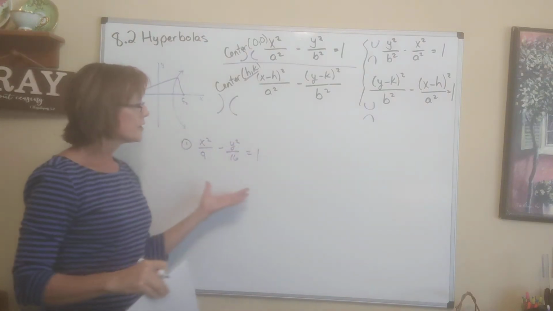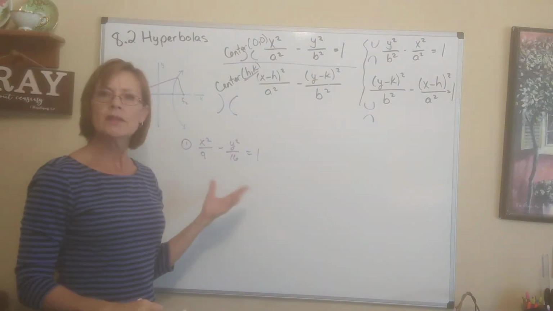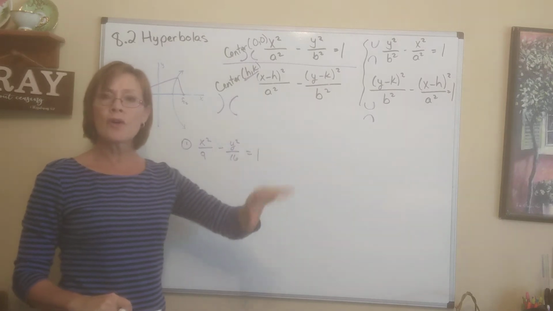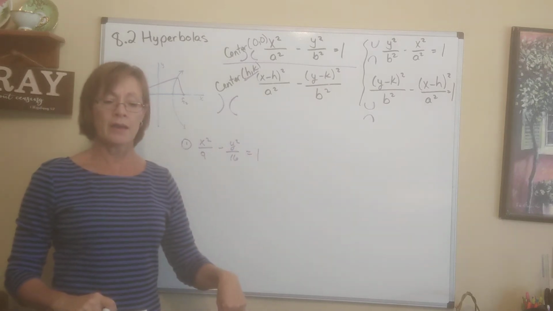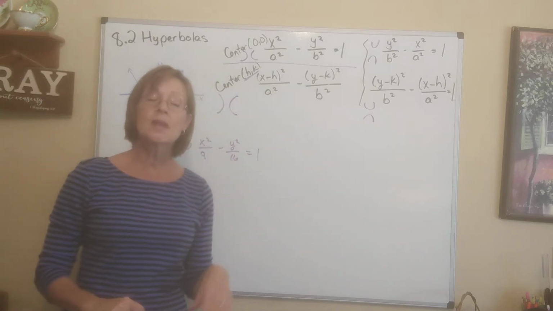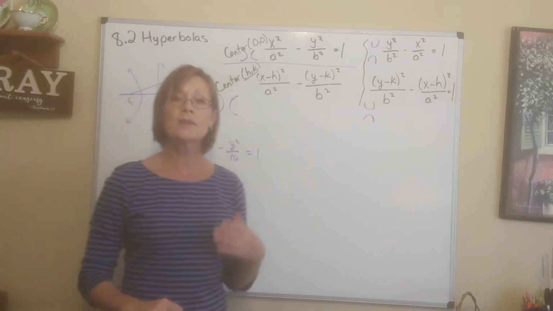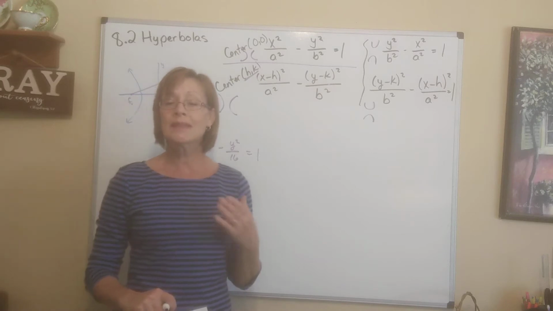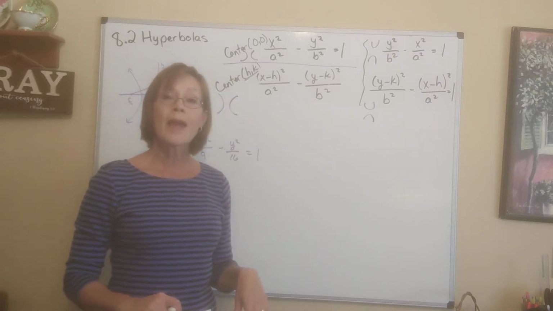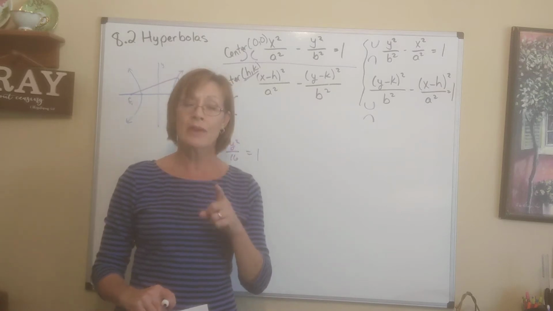First thing, if you're just handed an equation and wonder what kind of shape this is, you would compare it against all of the equations that you have learned so far: equation of a circle, equation of an ellipse, equation of a parabola, equation of a hyperbola. Circles and ellipses have a plus sign in between. Parabolas only have one variable squared.